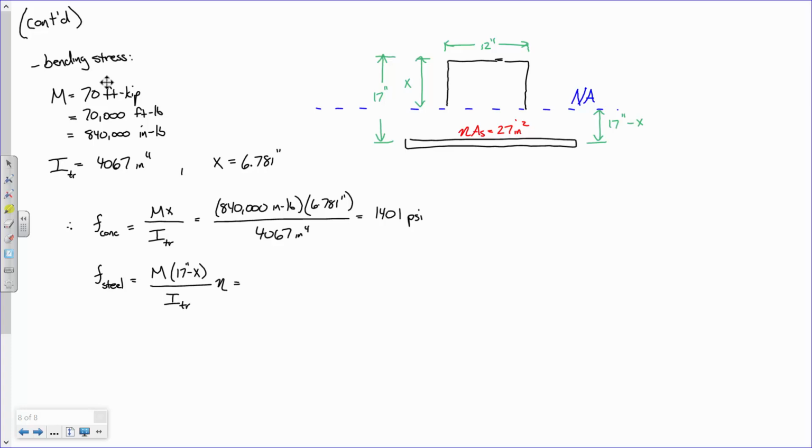So we have 840,000 inch-pounds times 17 inches minus 6.781 inches, then multiply by 9, divided by 4067 inches to the fourth. That's 18,996.